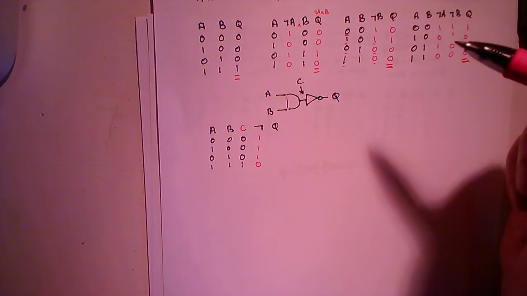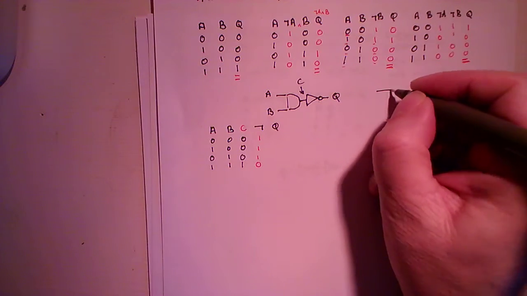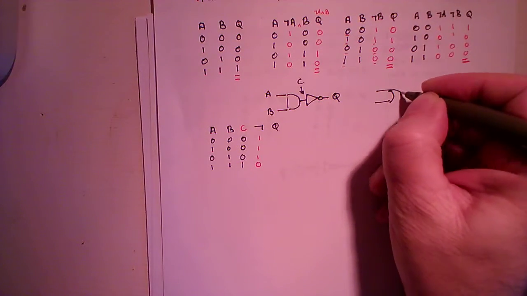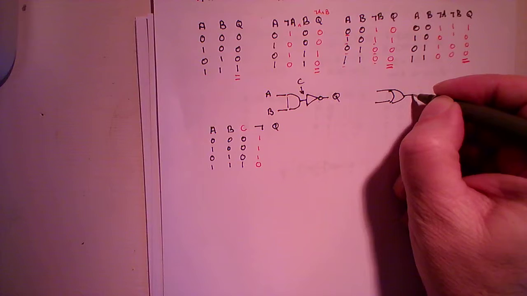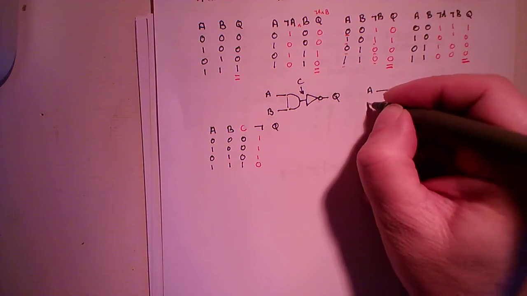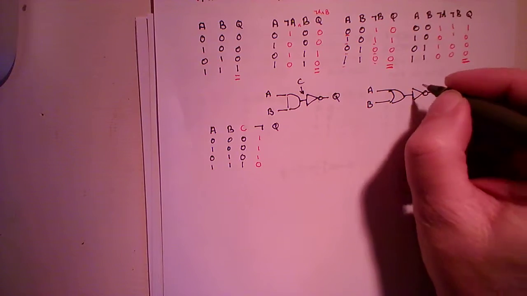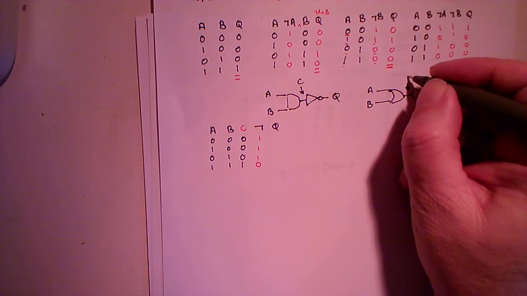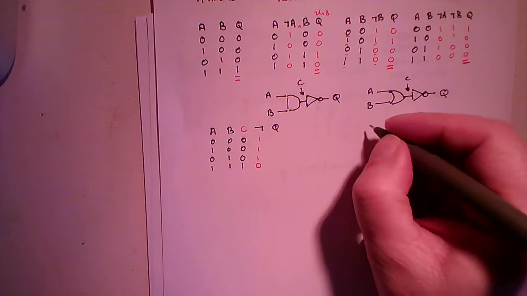Now, I'm going to do the same with the OR gate. A and B and Q. I'm going to have an intermediary here, C, that comes out from this one. Let's do the table for that.